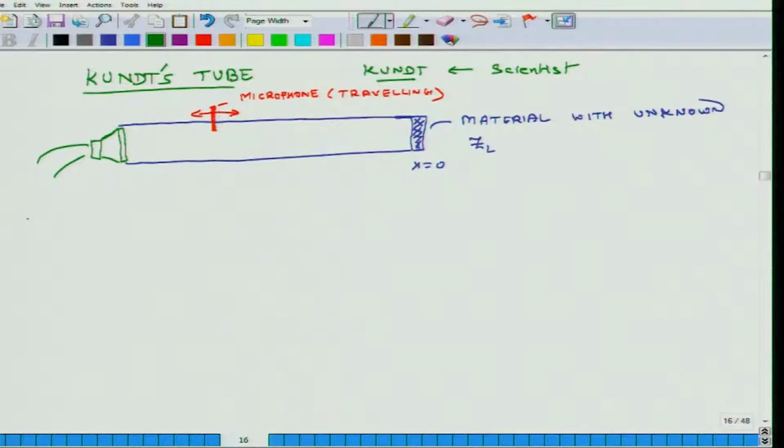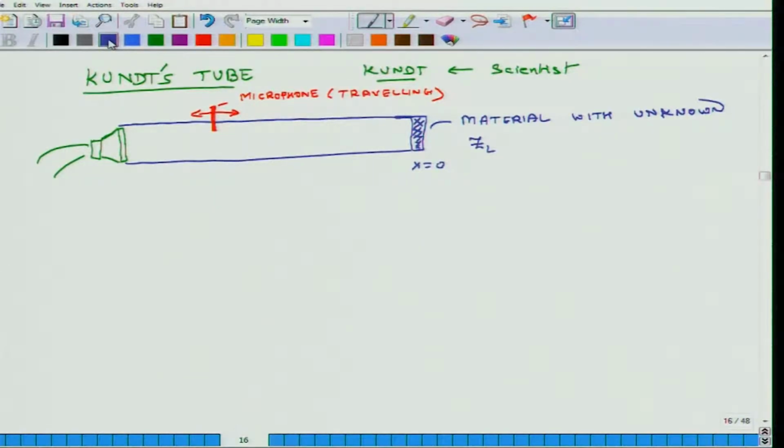That's all this apparatus is about. It is a long tube. At x equals 0, they place the unknown material with unknown ZL. There's a traveling microphone which measures the sound pressure level at different locations, and that sound is generated by a speaker at the other end of the tube.